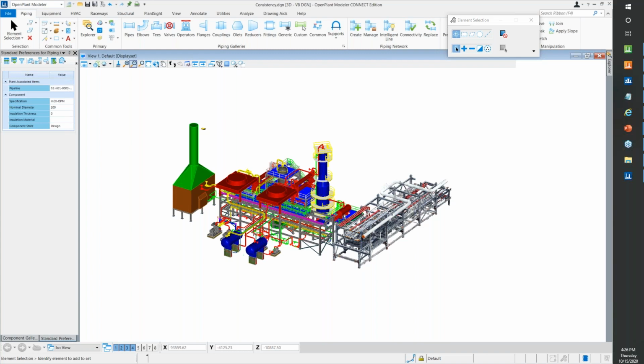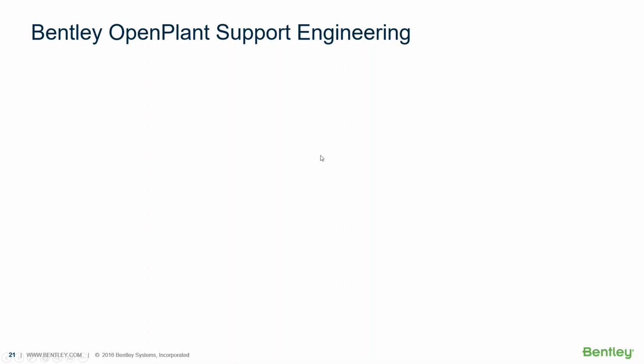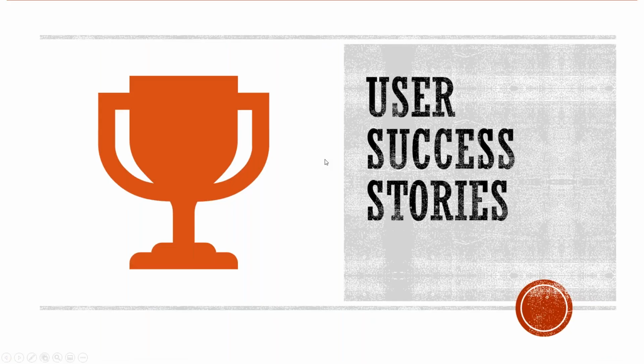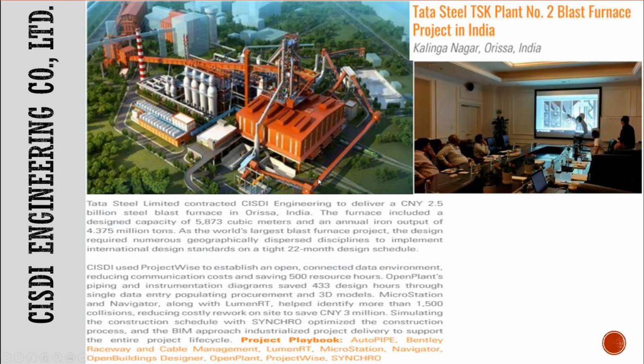So just a quick one, who are our users, as you ask where you use this design. We have a few success stories. You might have heard about the Tata Steel plant located in Orissa, Kalinga Nagar.